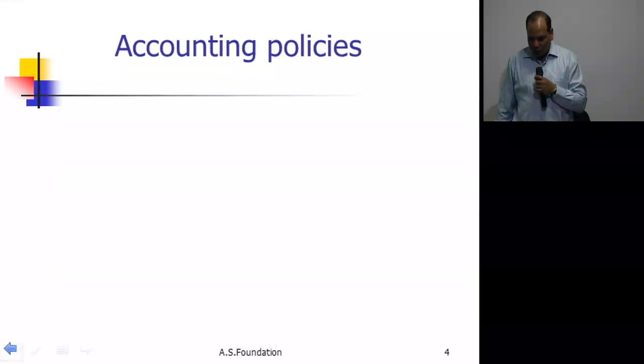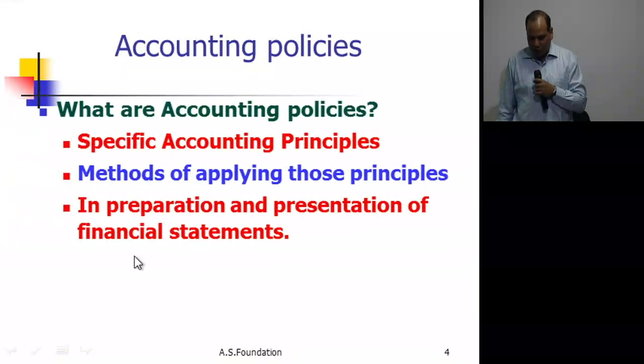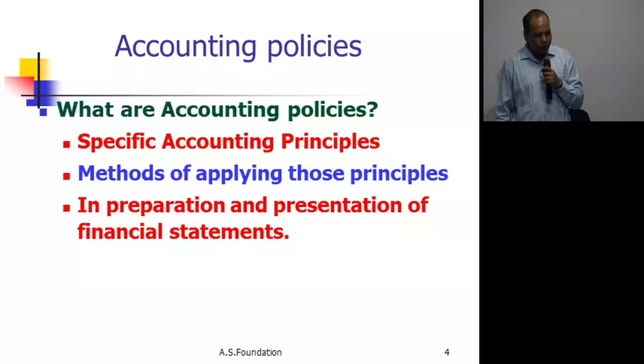Okay. Indian accounting standards are a little flexible as far as choice of accounting policies is concerned. At several places, more than one option is given to you. Like for example, in case of depreciation accounting, you are given a choice of WDV, straight line method or any other method which you want to follow, so that the depreciable amount gets written off over the useful life of the asset.